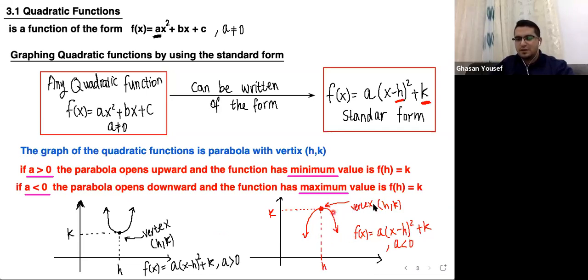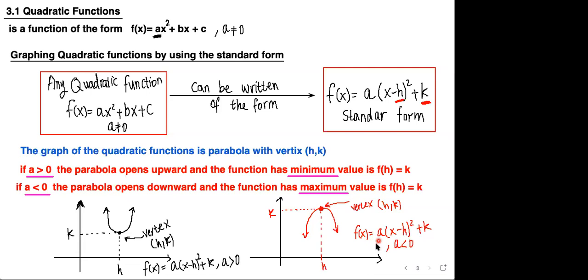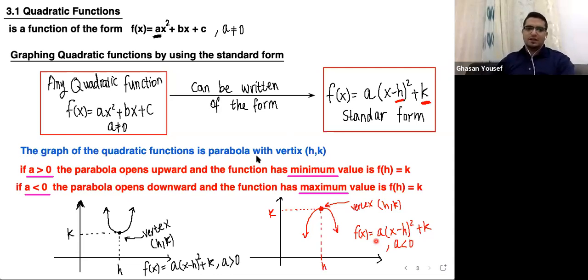But the a here is just for how the parabola opens, up or down. That's it. Thank you, I understand now. Okay, no problem. Nice question.